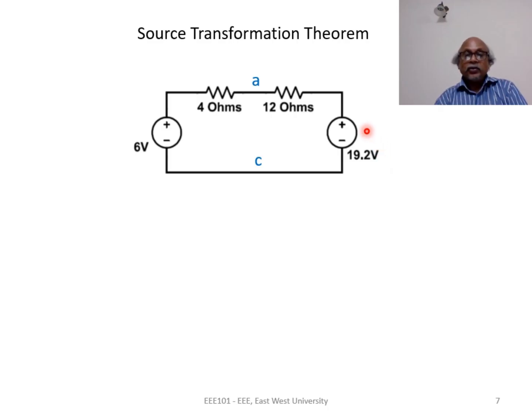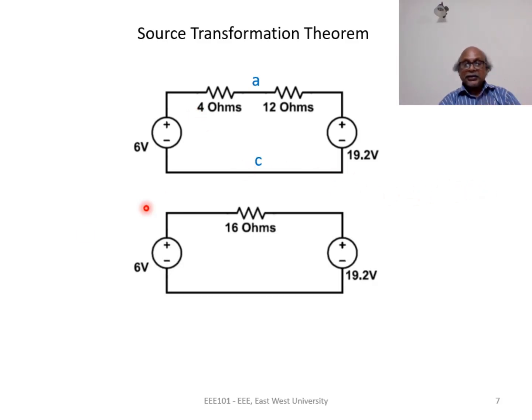And the plus of the voltage source is towards node A because the arrowhead of the current source was towards node A also. And on the left hand side, this is my part of the original circuit. We have our desired 6 volt source in series with 4 ohms. 12 ohms and 4 ohms are in series. So we simplify the circuit into this simple series circuit with one loop.